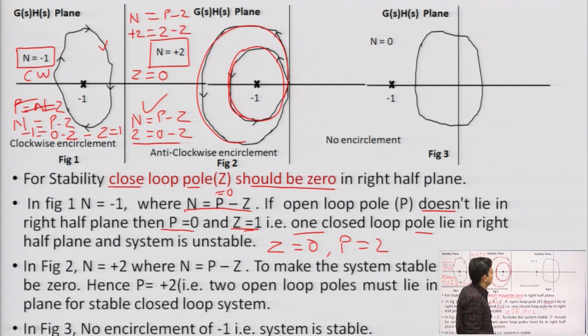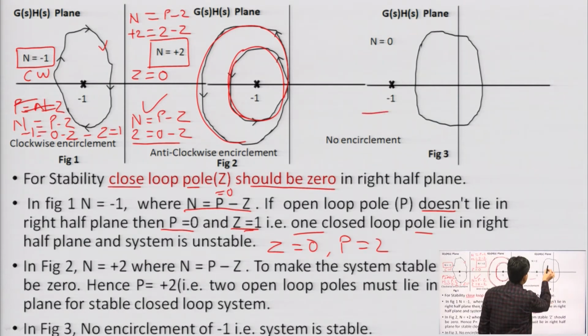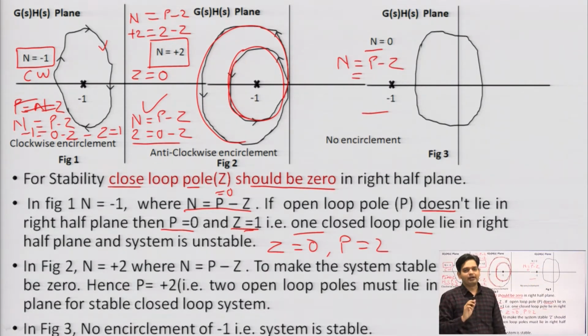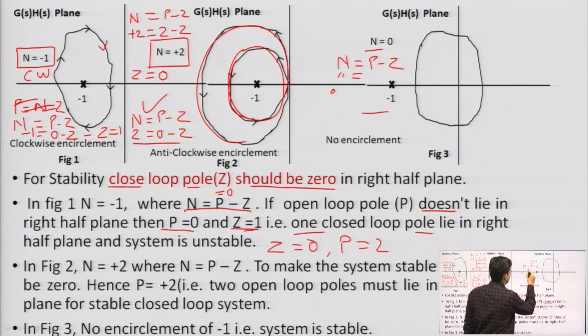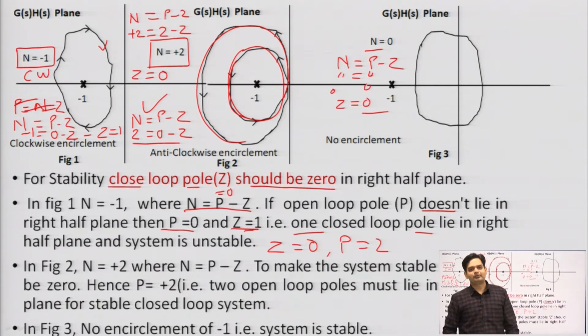In the same way, when we come to this case, how many encirclements are there around -1? It is 0. So, N equal to P minus Z, and if I assume my open loop pole in the right half plane is 0, it means N is 0, P is 0, Z would be 0, and this will be a stable system, right. What is the summary?